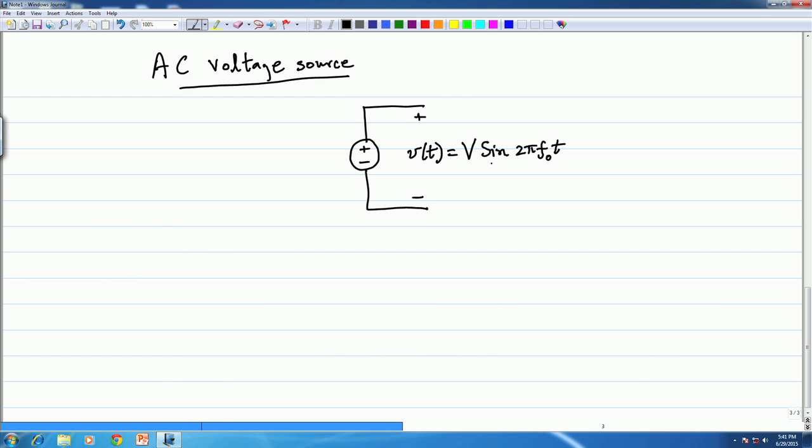So, let us first try and think about what this function is. The most interesting thing I wrote here is sine, and then 2 pi f naught t. If you have not seen these things before, this would be very new to you. Basically, this is the sinusoidal function or the sine function, which is a trigonometric function.